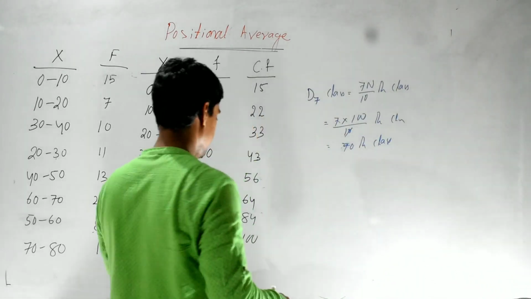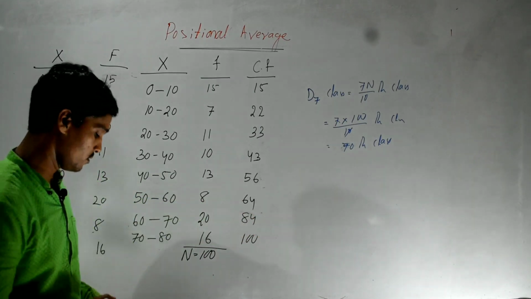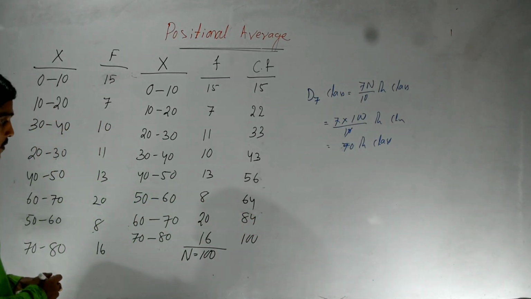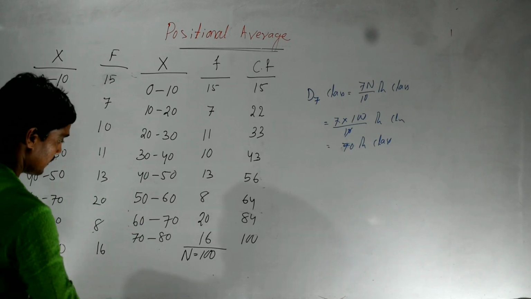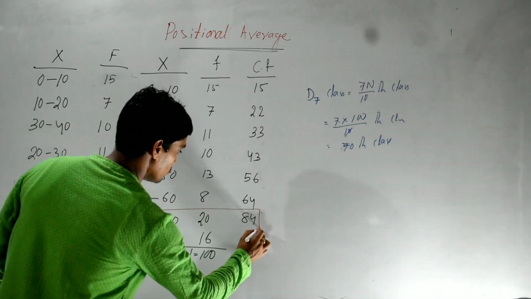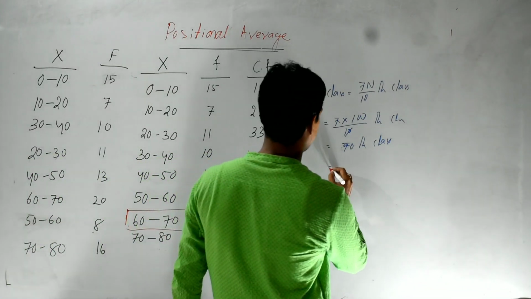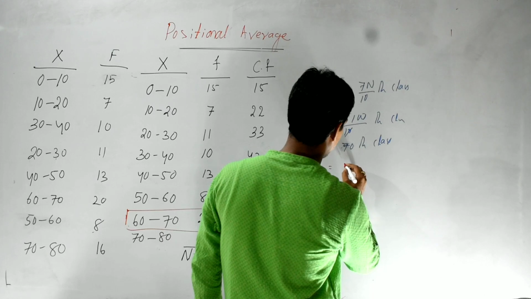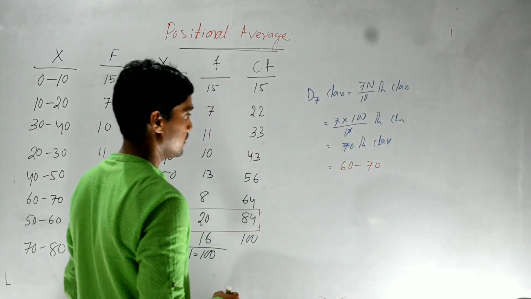As 70 is included within 84, our decile class is 60 to 70.